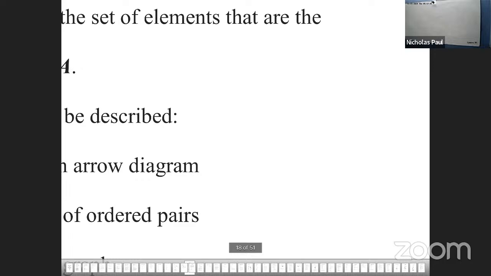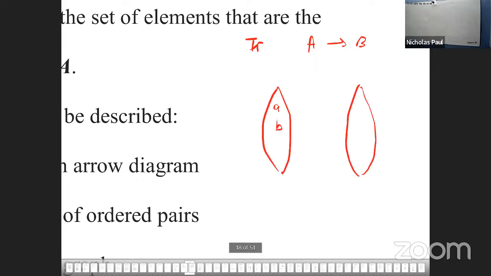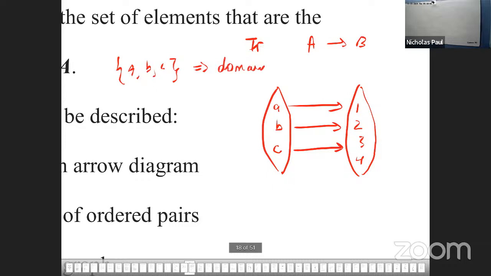So if a is mapped to b, and we have a, b, c and we have 1, 2, 3, 4, where a is mapped to 1, b is mapped to 2, c is mapped to 3, we call the set a, b, c the domain. We call 1, 2, 3, 4 the codomain. And 1, 2, 3, that set of images, is called your range.